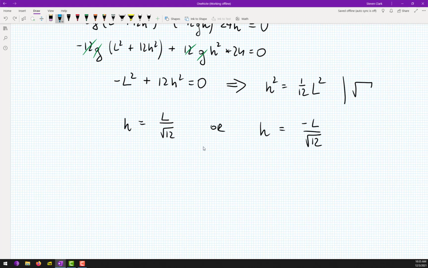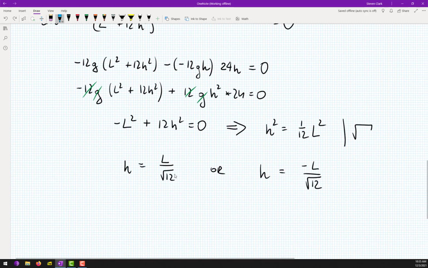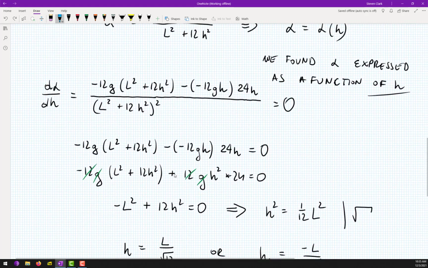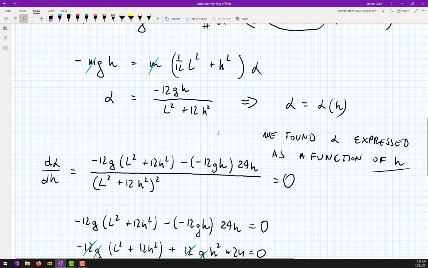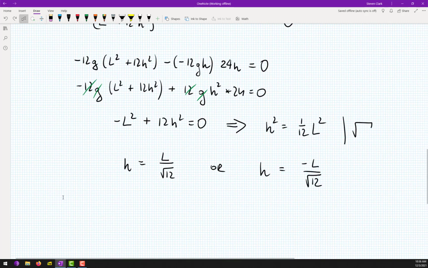The location of the pin is not at the end. So I have to take that h and plug it in here, right?